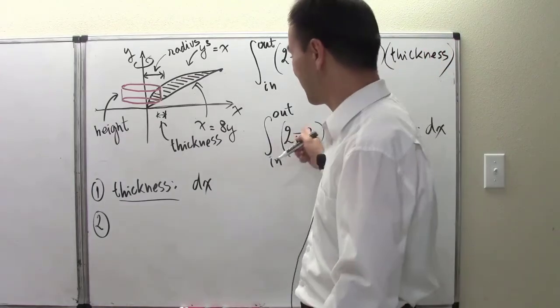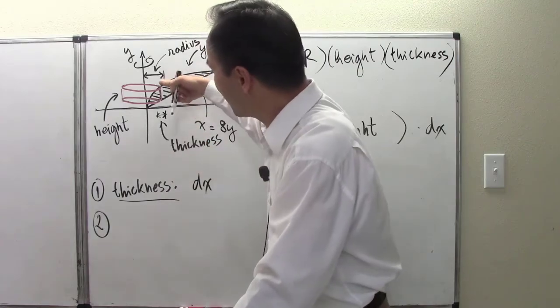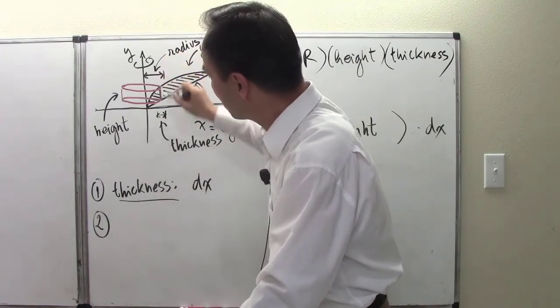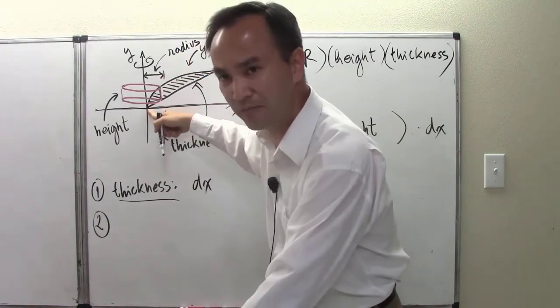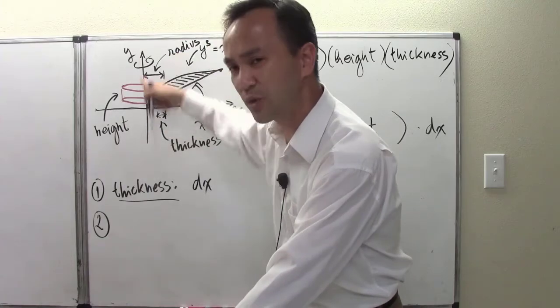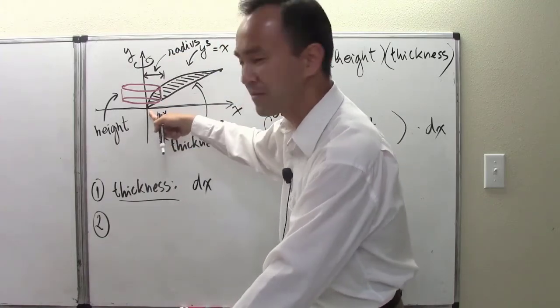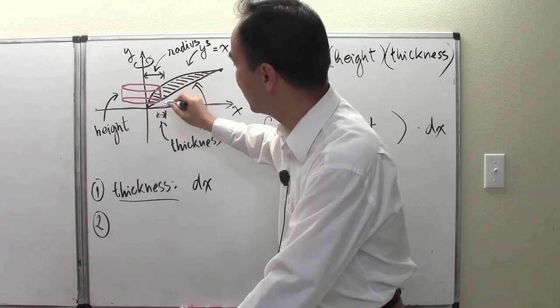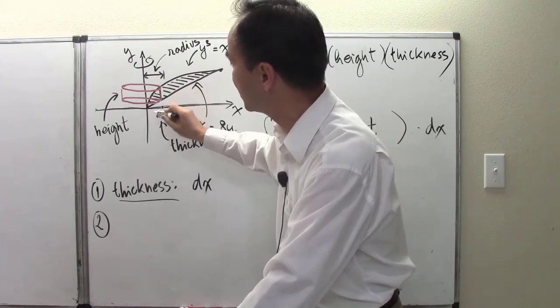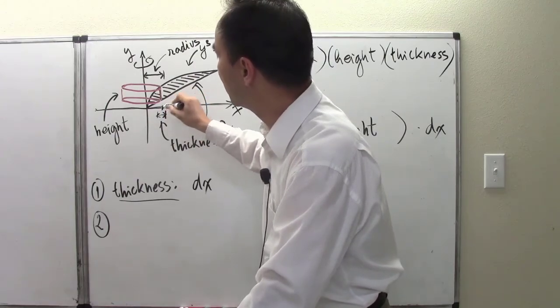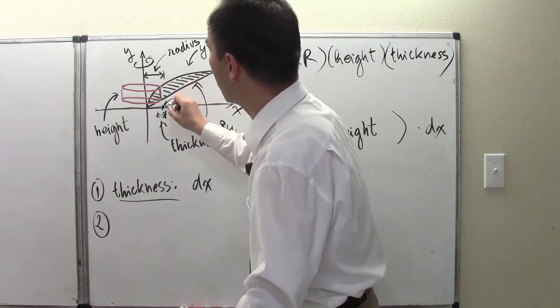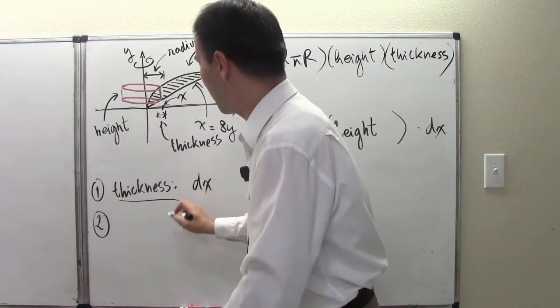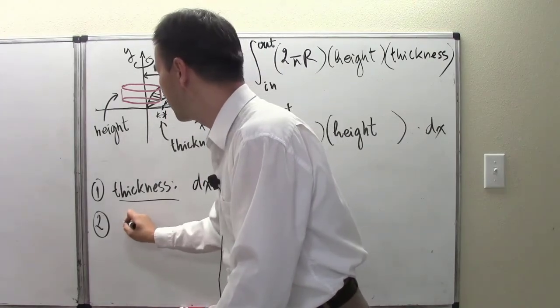So how about the radius here? The radius, from wherever I pick my stripe, is simply the x distance from the rotation axis. The rotation axis we have here is the y-axis. So any stripe that we put here is basically just an x distance. So here we add a value x.